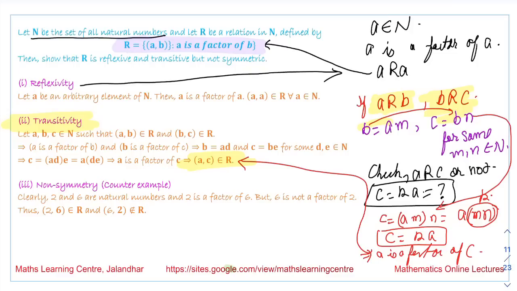Next, this relation is not symmetric. So we are going to give a counter example. Suppose we are considering A is equal to 2 and B is equal to 6.